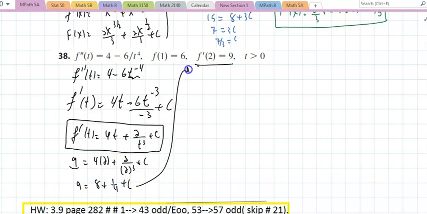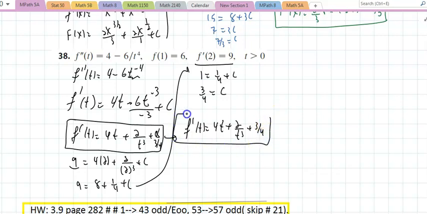So here, I'm going to say 1 equal 1/4 plus c. Oh, that's okay. 3/4 equals c. So take this out, throw a 3/4 in, and now f prime of t would be 4t plus 2 over t cubed plus 3/4. Now, I'm thinking of this as 2t to the negative 3.